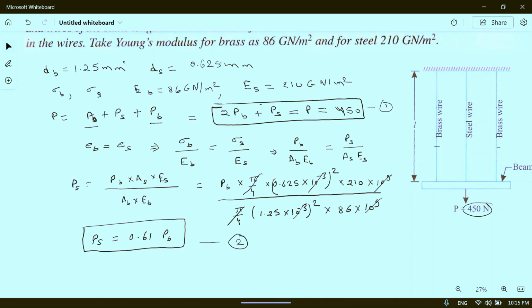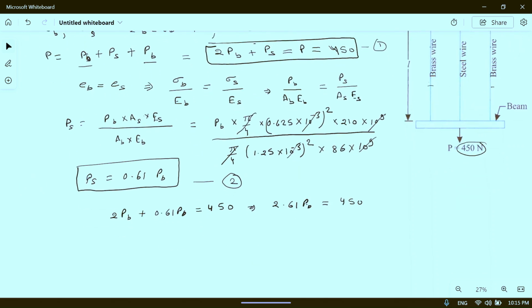Now if we put the value of this P steel in equation number 1, then we will get 2 P brass plus 0.61 P brass is equal to 450. So 2.61 P brass is equal to 450. From here we will get P brass is equal to 172.4 Newton.